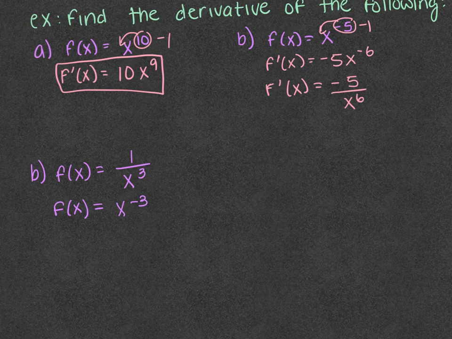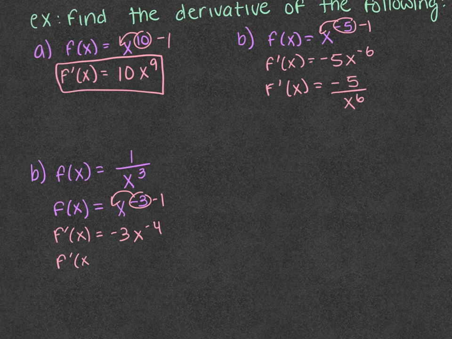And then it's just like the last problem. We're going to take the negative 3 and move it in front. f prime of x equals negative 3x, subtract 1, so to the negative 4. And then writing it properly, negative 3 over x to the 4th.